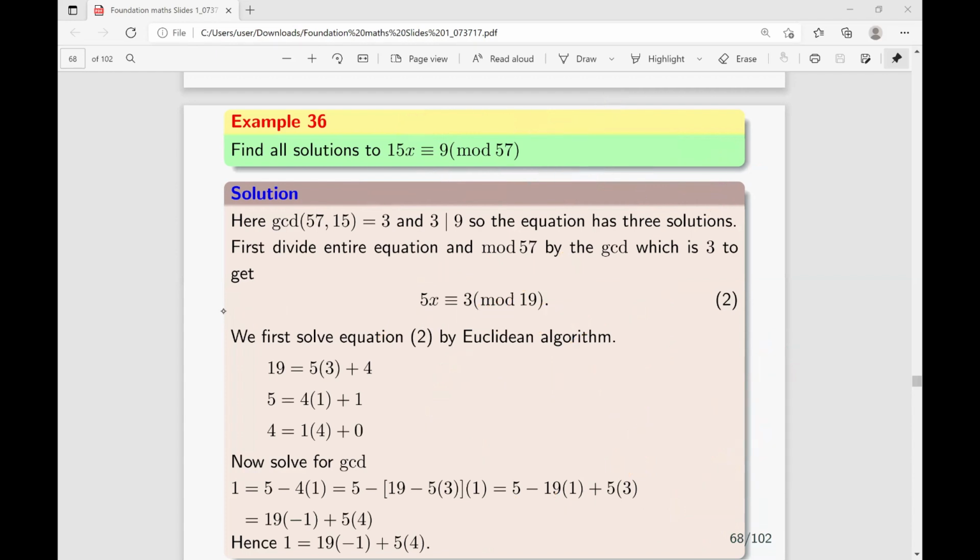What's the first solution? The first solution we found was 12. So the second solution will be 12 plus the new mod, which is 31. The new mod we are referring to is the one after dividing by the common factor. Then the third solution is just this one plus 19, and that gives you 50. Is that okay?